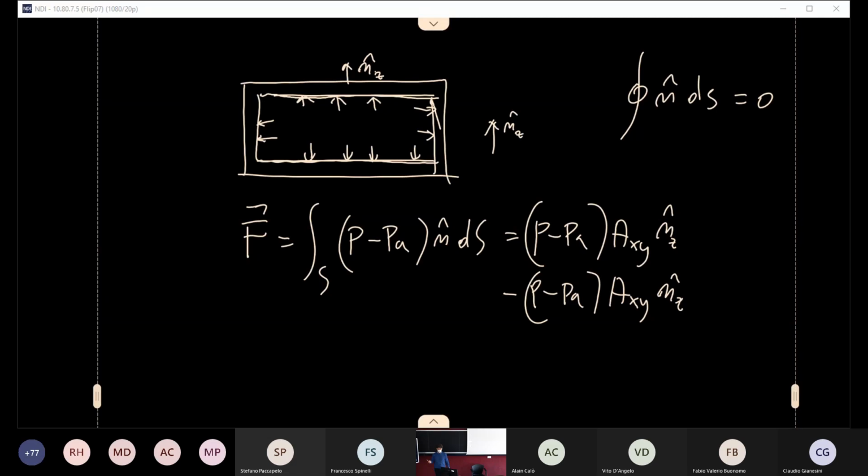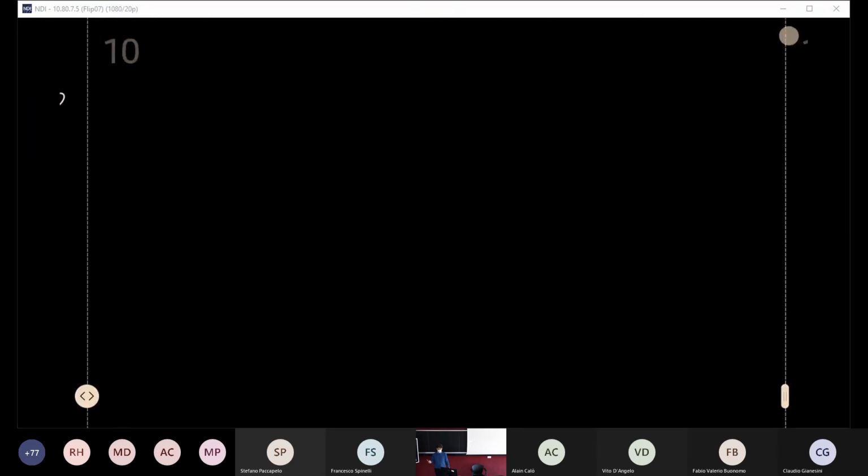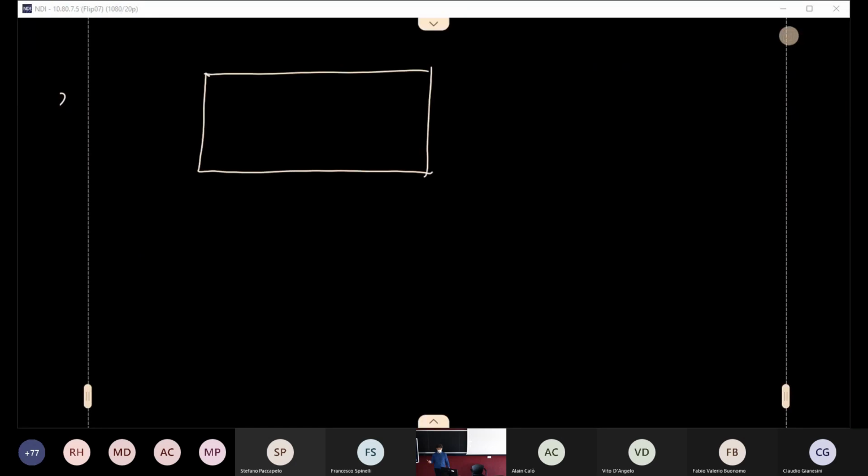Now we consider another device. This time we have the possibility to fill this box with a gas at given pressure, but we can also consider this made of 2 parts.